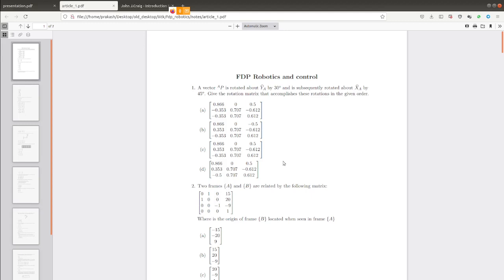So that's how we need to calculate. Any questions? All we have to do is find the rotation matrix for this operation, the rotation matrix for that operation, and then multiply those two rotation matrices. Once again the sequence is important, we should not forget that.